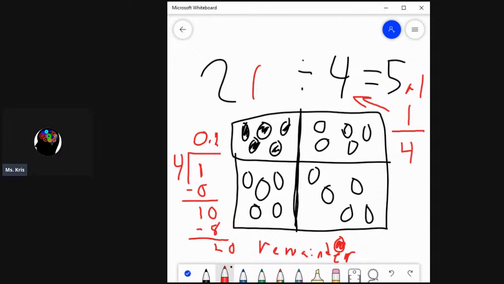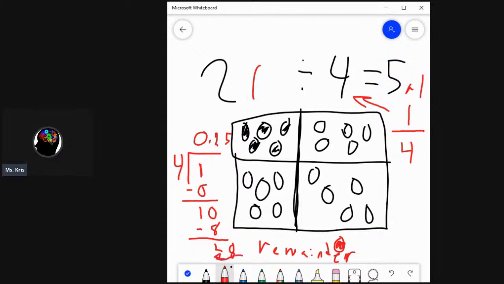So now 4 will go into 20 5 times. And so that makes 0.25. So 5 times 4 gives me 20.